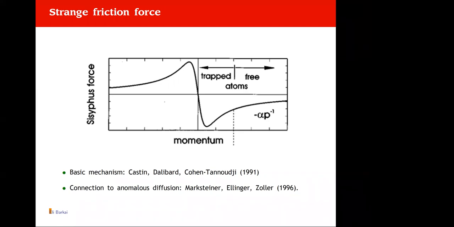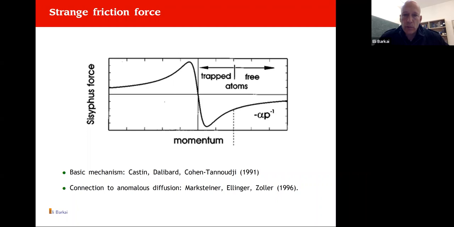So based on the theory of Sisyphus cooling, I'm going to discuss here the friction force, and it's a very strange friction force. So if you put a Brownian particle, let's say in water, and it moves faster, the faster it moves, the stronger is the friction. This is usual Stokes law. That is, the higher your velocity, the bigger is the friction.